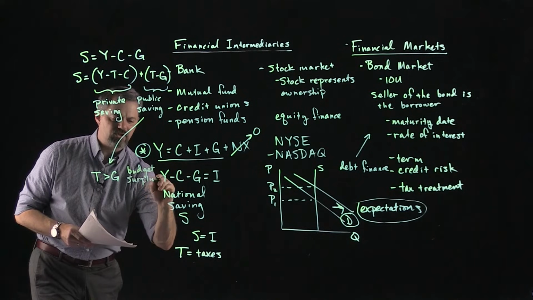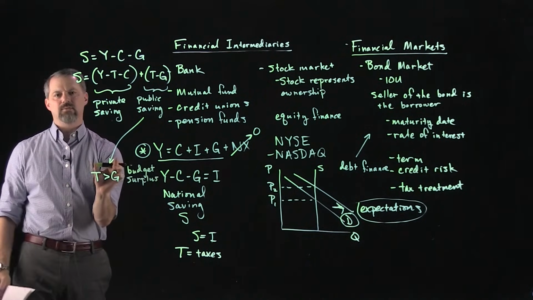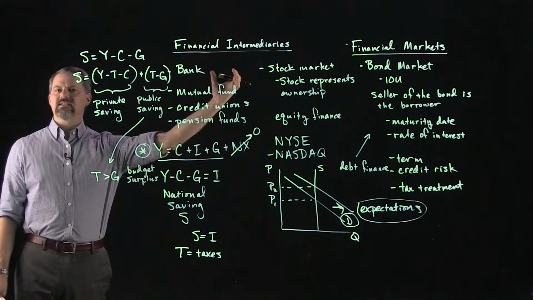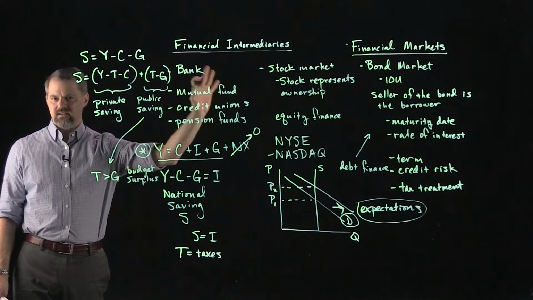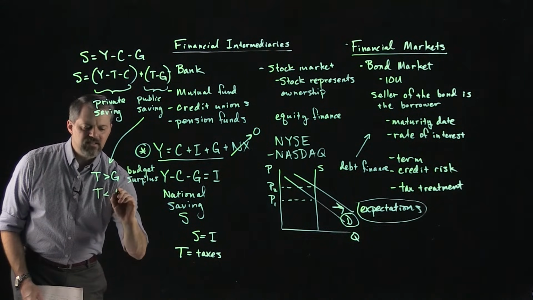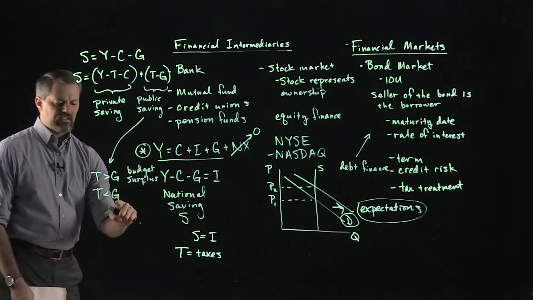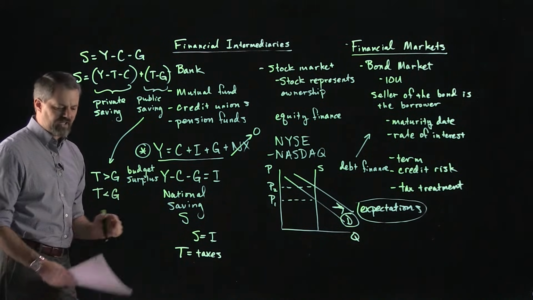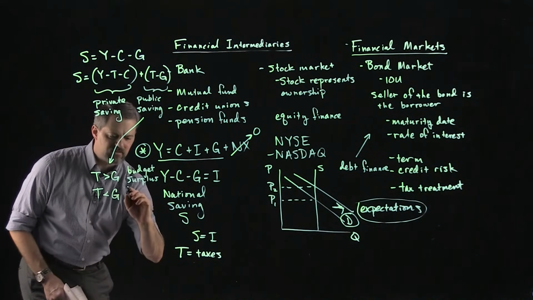I started to just write surplus there, but I don't want you to be confused by a demand-supply picture where quantity supplied is greater than quantity demanded. This is a budget surplus. If T is less than G, if government spending is bigger than what the government brings in in terms of taxes, we call that a budget deficit.